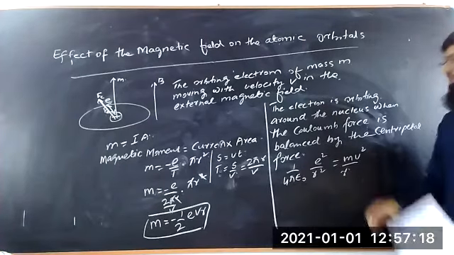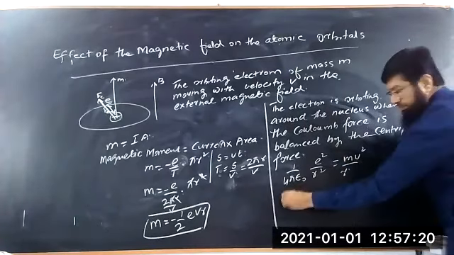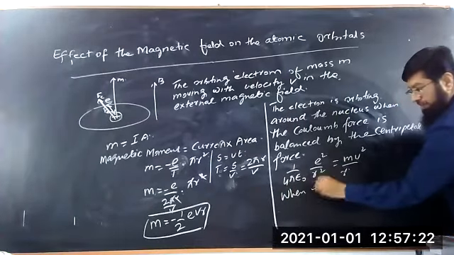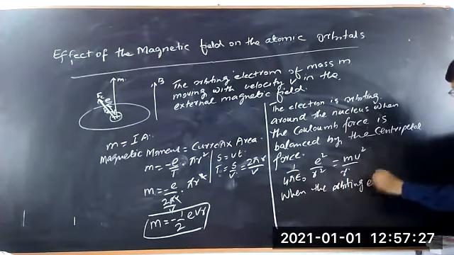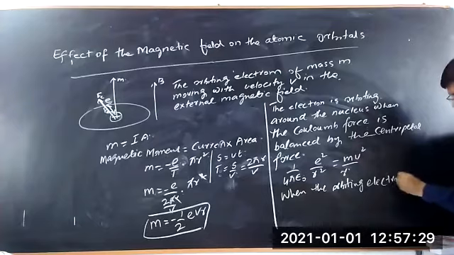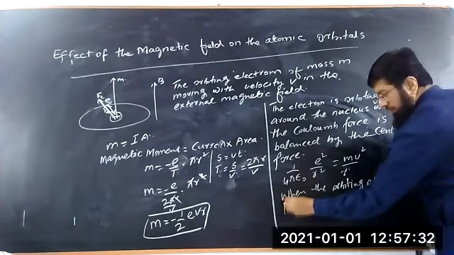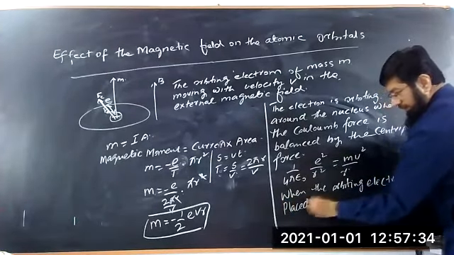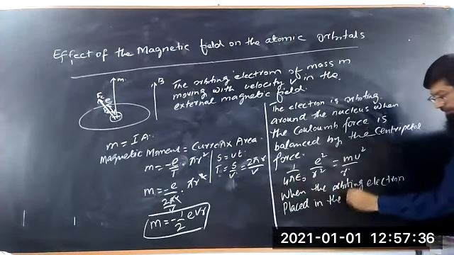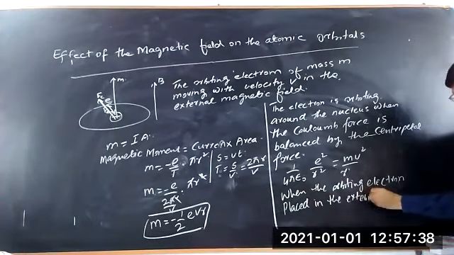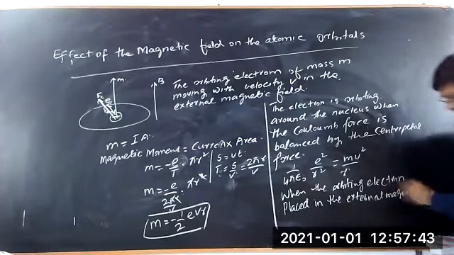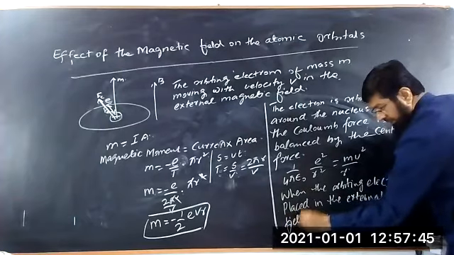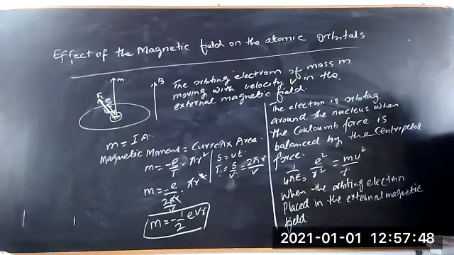So when the orbiting electron is placed in the external magnetic field, it will change the velocity of the orbiting electron.